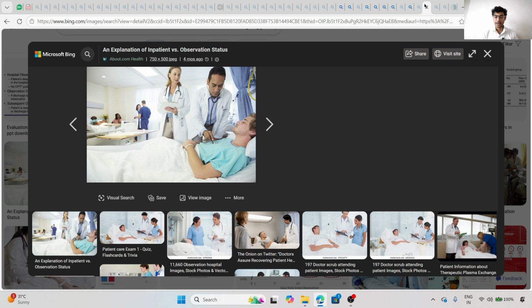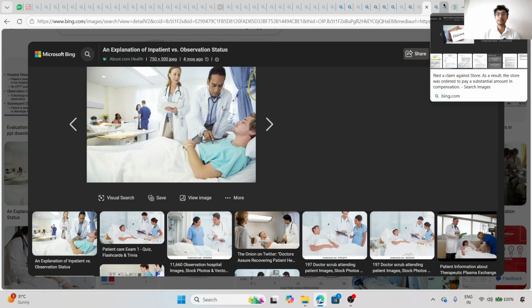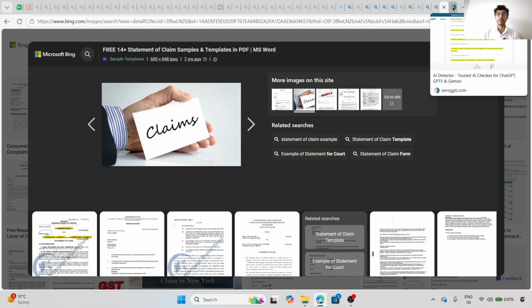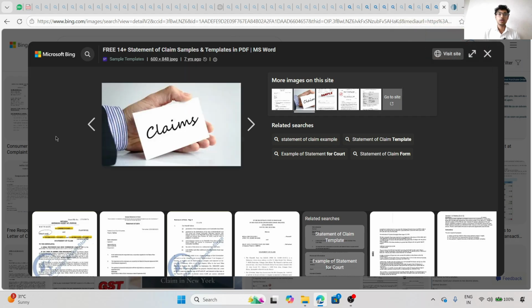Worker A filed a claim against Quick Shop, and as a result the store was ordered to pay a substantial amount in compensation. So he gets the compensation. This is the complete scenario.